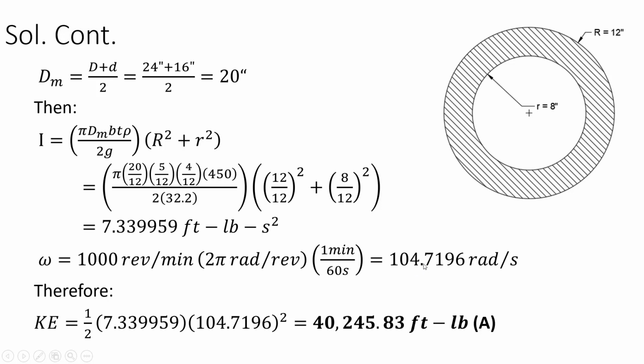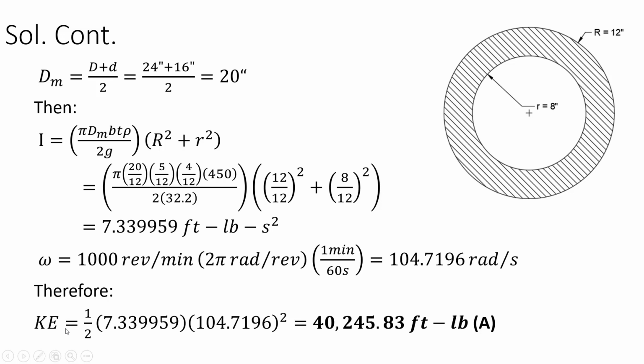Again, I'll round it to 7 significant figures because the choices are rounded to 7 significant figures. Now that we have the mass moment of inertia and the angular velocity, we can calculate the kinetic energy, which is the stored energy in the flywheel.